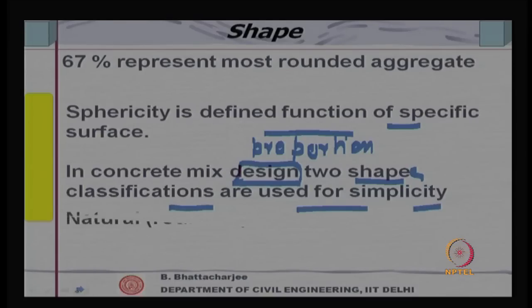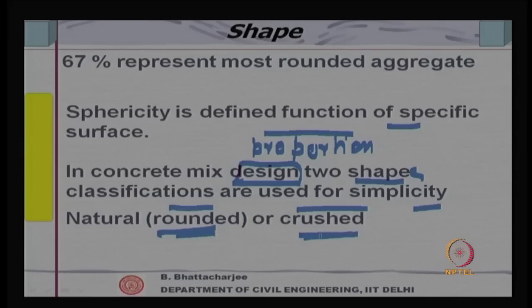These are simply natural, rounded or crushed. Some other codes use more than that, but some codes use simply two classifications, rounded and crushed. So, from a shape point of view, qualitatively you can talk simply in terms of rounded and crushed, or there are many other classifications in between, subangular, angular, etcetera.